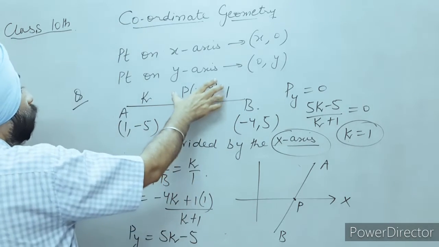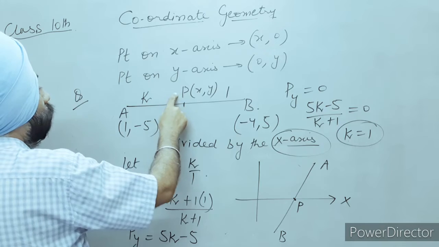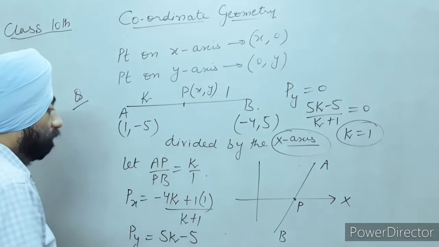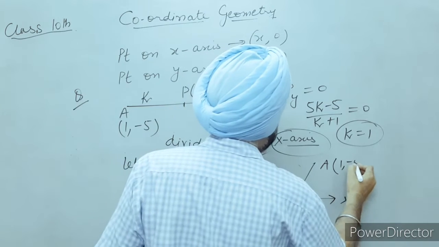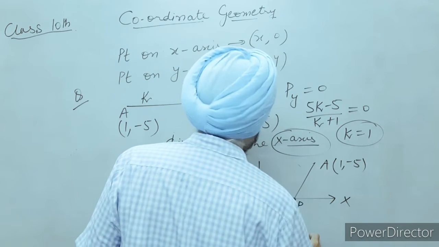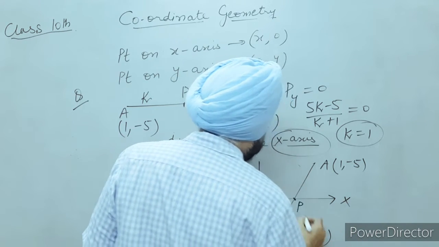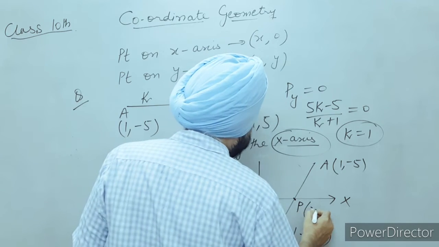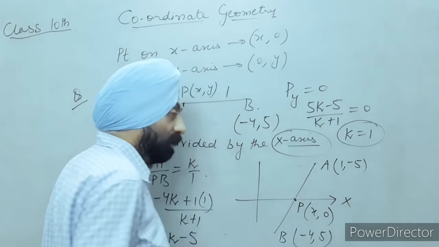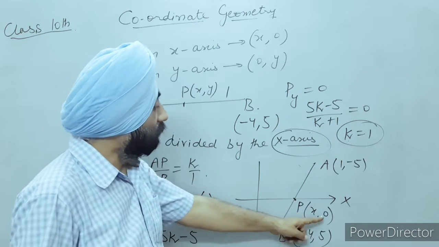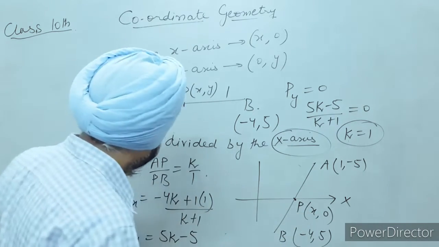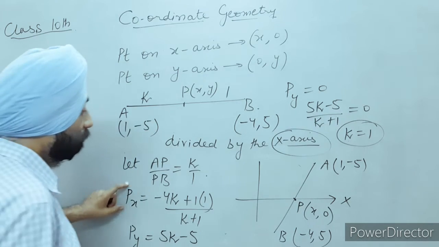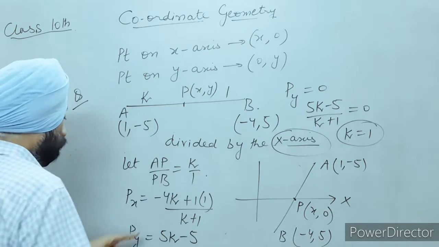Now if I want to find the coordinates of point P, let me try it. I will write here only: A is 1 comma minus 5, and B given was minus 4 comma 5. Now P is x comma 0, because the ordinate is 0 on the x-axis. I need to find only P of x. Now for P of x, the value of k is 1.